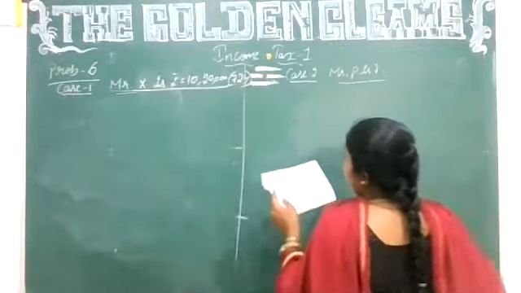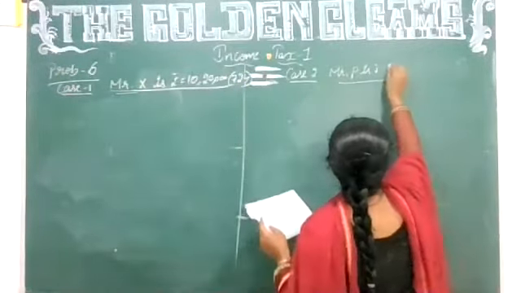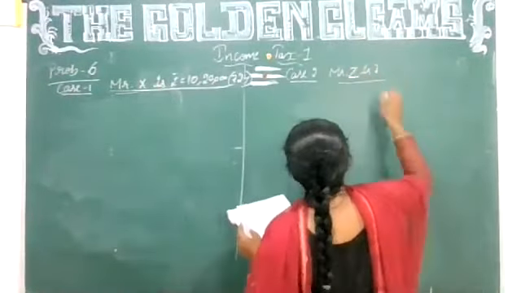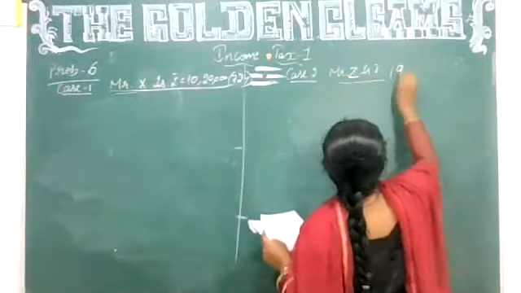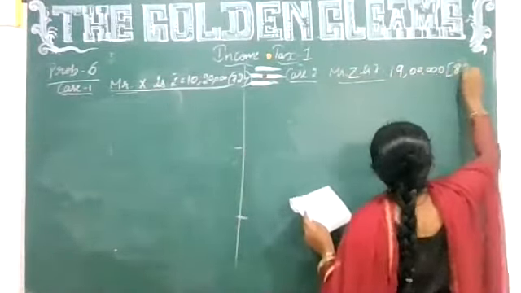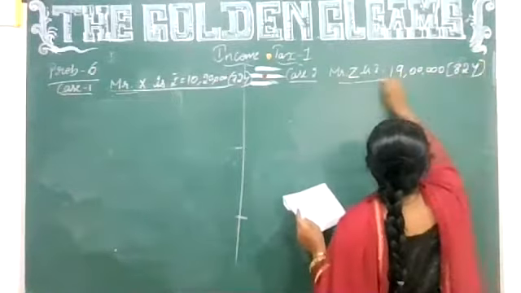Case 2: if the total income of Mr. Z is rupees 19 lakh, age 82 years.